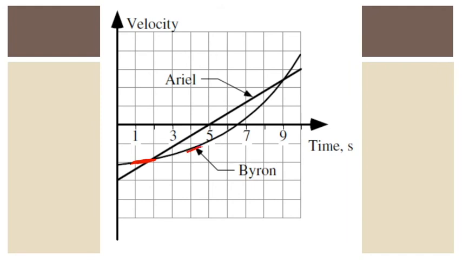As time goes on, though, the slope of that tangent line increases until right in the middle, really at about 6 seconds there, the slope of the tangent line is the same as the slope for Ariel's line, which we can tell because they're parallel. So again, let me show that one more time, because that was pretty terrible.